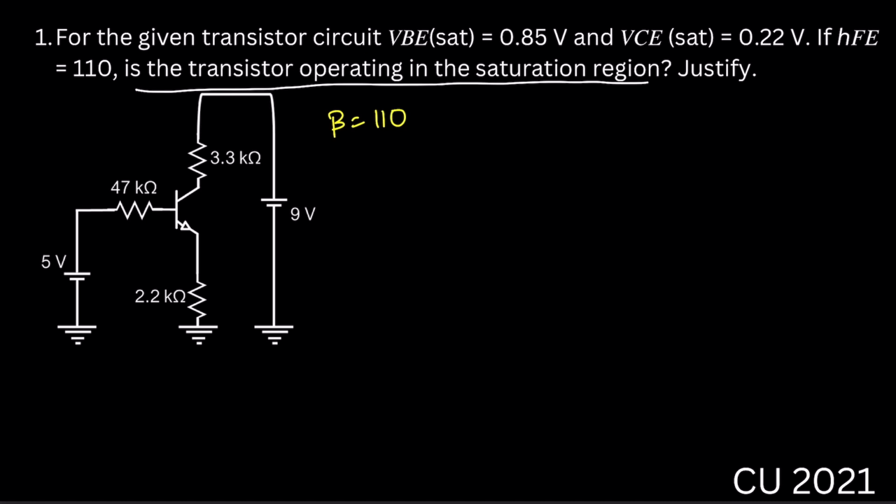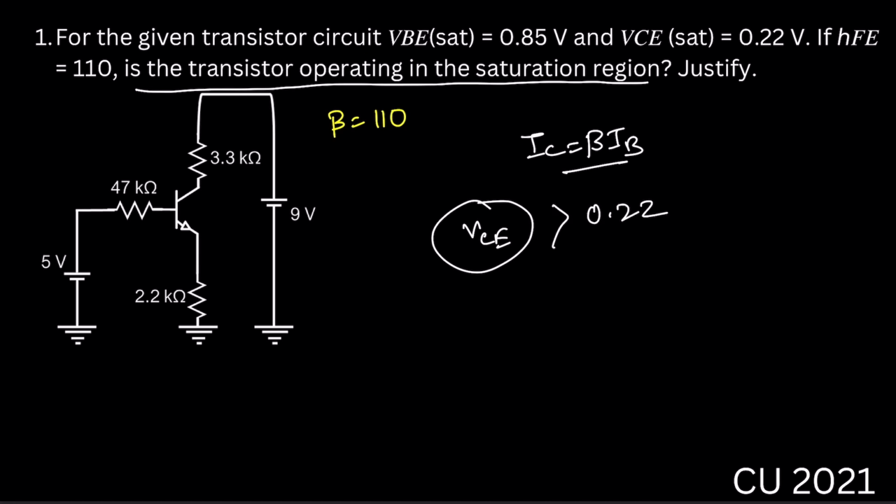We will assume that the transistor is working in the active region, that means IC equal to beta IB. Then we will find the value of VCE. If VCE is greater than 0.22 volt, as VCE sat is 0.22, then this will be the active region. If VCE is less than 0.22 volt, then the transistor is operating in the saturation region.